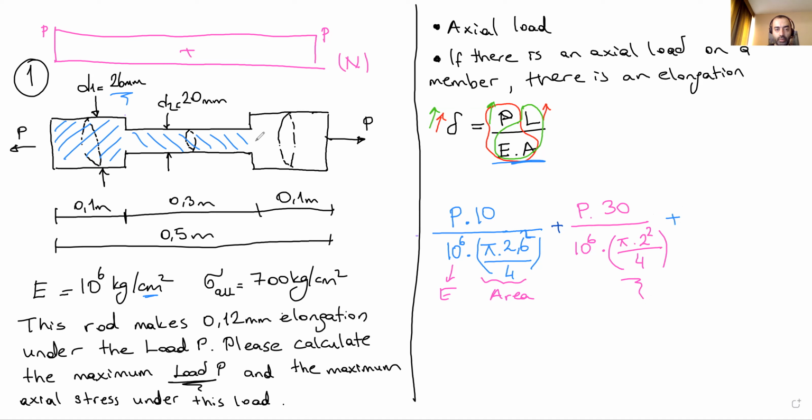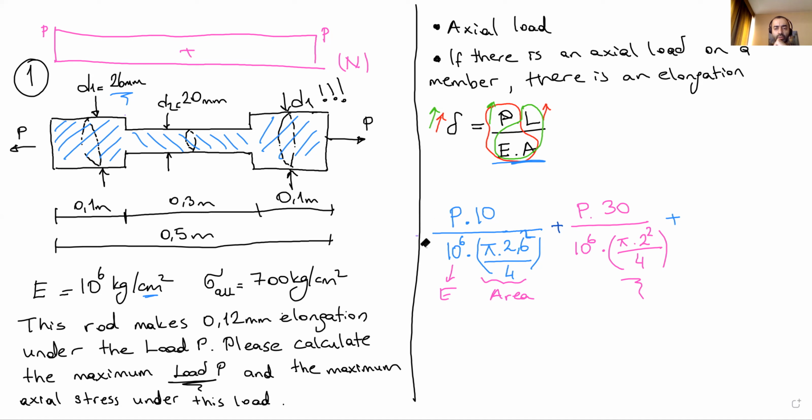Plus the last portion. When we take a look at this one, by the way, I completely forgot to give the diameter here. Diameter here is D1 again. Okay, D1, it's 26 millimeter. It's completely the same as the first portion. What you can do, you can put at the beginning of this equation, you can put here 2. That's okay. But I wanna write the equation again. No worries.